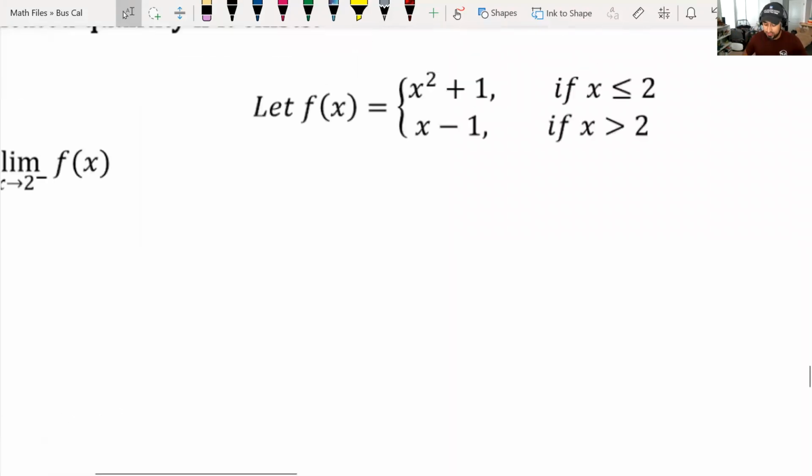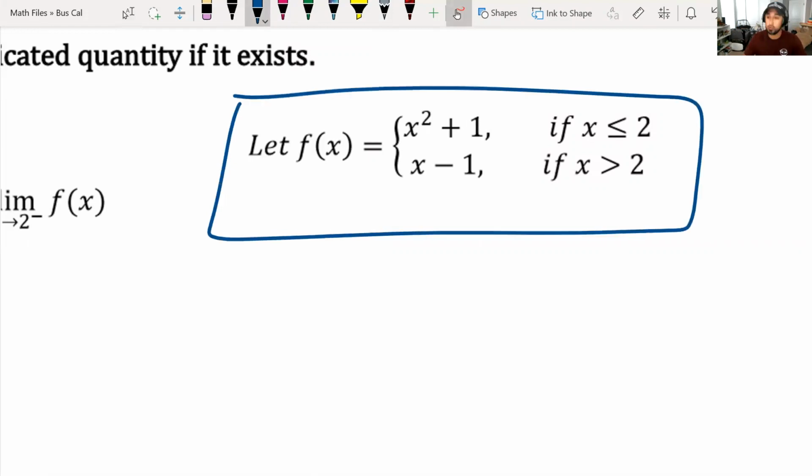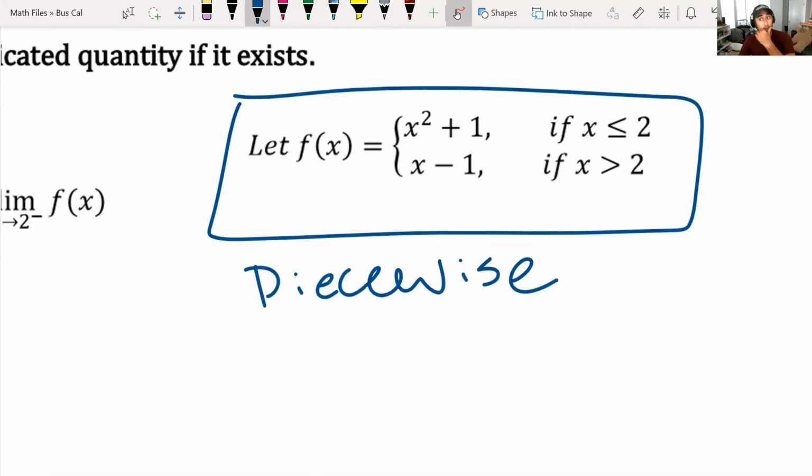And if you have no idea what a piecewise function is, well, that's what you are looking at. This is called a piecewise function. A piecewise function is a function made of multiple pieces with multiple restrictions. And learning how to read a piecewise function is very important.